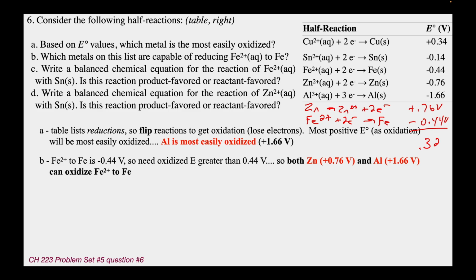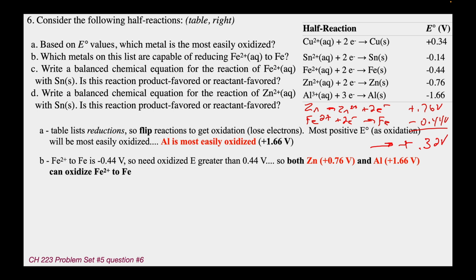It looks like it's going to have an overall value of positive 0.32 volts. And because that overall value is positive, that means that zinc can convert iron 2 plus into iron. If we had ended up with a negative 0.32 volt value, then it would have been something that couldn't have happened.